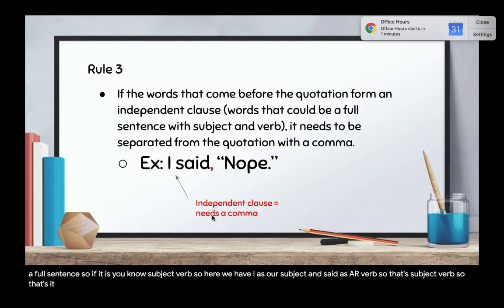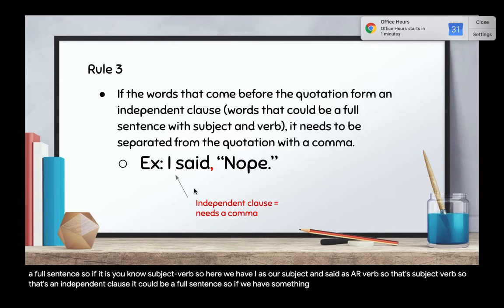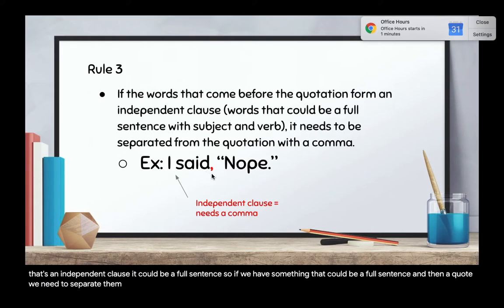So that's an independent clause. It could be a full sentence. So if we have something that could be a full sentence and then a quote, we need to separate them with a comma. And so this comma goes right after the words that precede the quote.